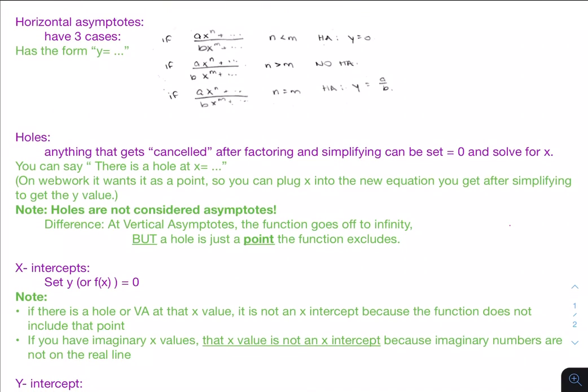Holes are basically determined by anything that gets canceled after you factor and simplify, and they can be found by setting it equal to 0.